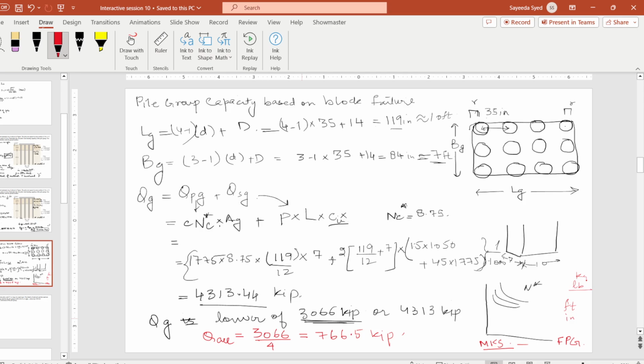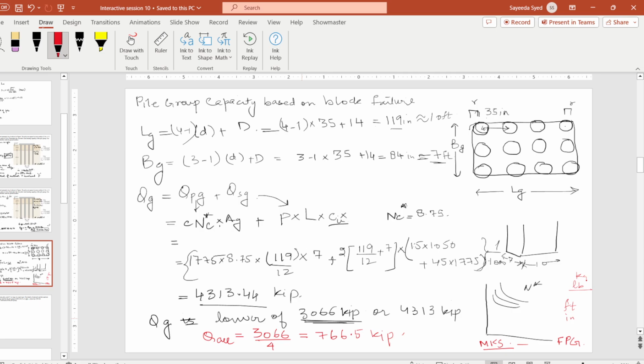So in this case, what we will do is what we did in the first question, this pile itself, but instead of one pile, there is a pile group of the same pile.